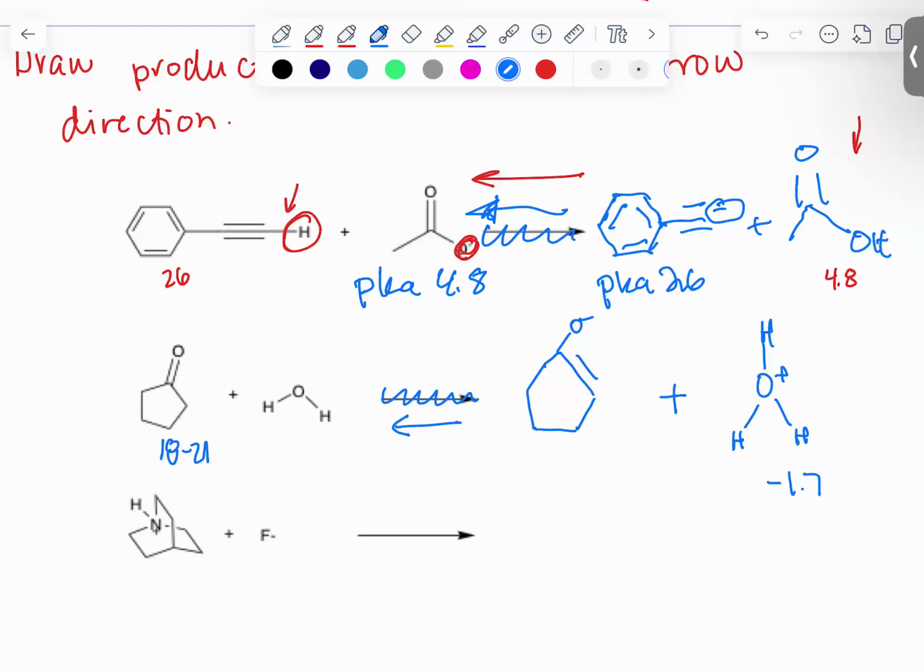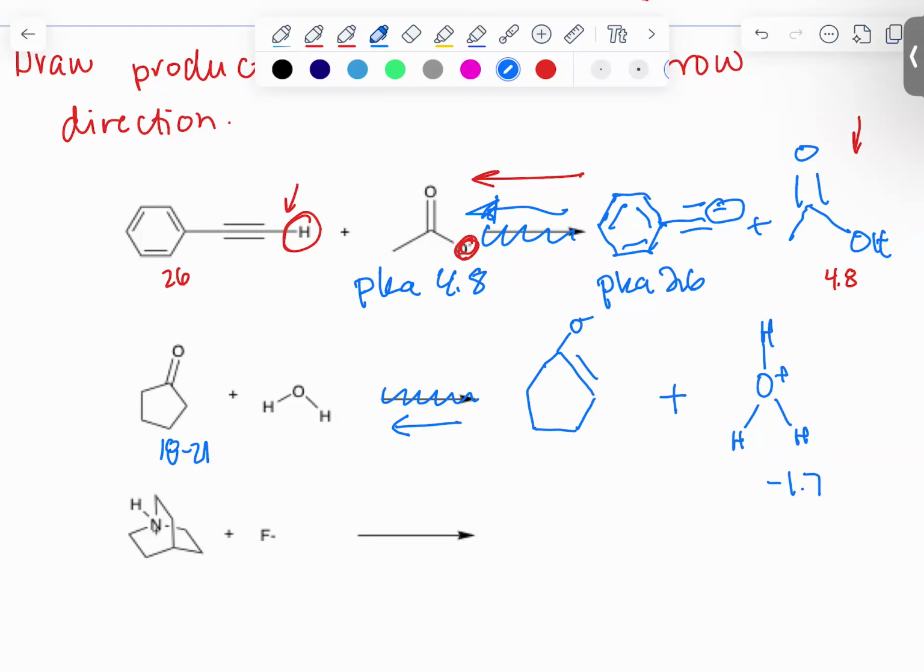Correct. Does everyone agree with this? Or do we have questions on how we got here? You agree? You agree? Agreement? Good to move to the next one?